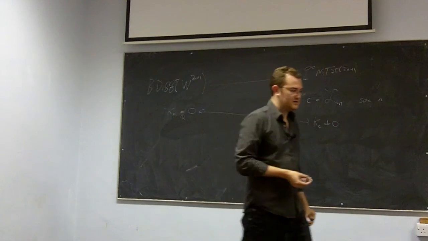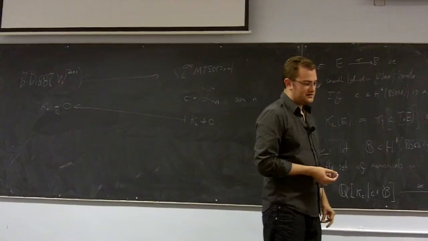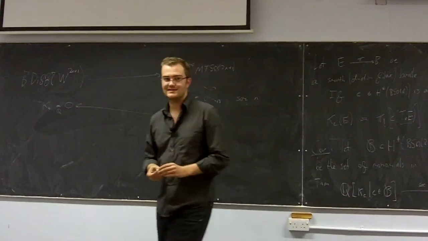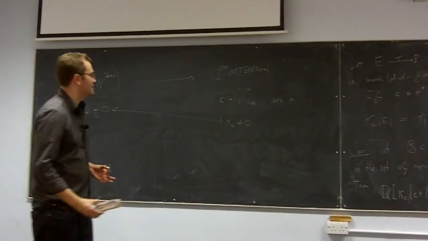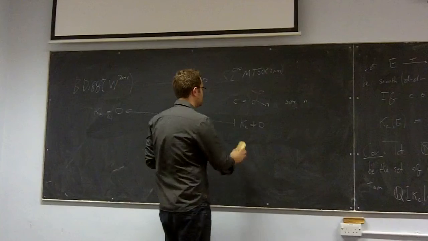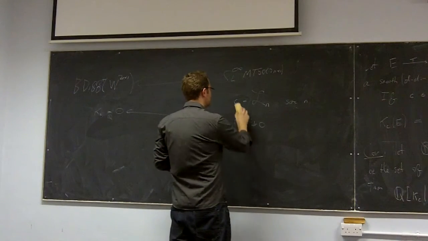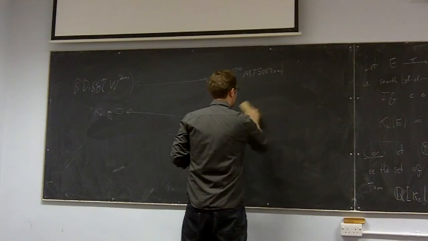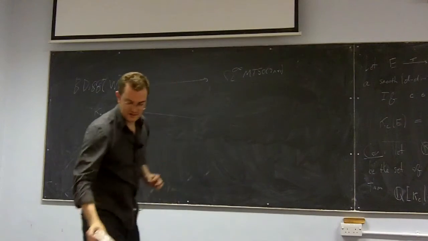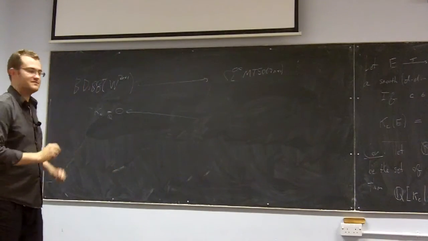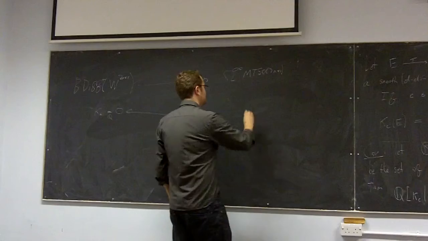So there's sort of a, I don't know if you would call it an obvious guess as to what the correct statement might be, which is not this infinite loop space. It's a slight variant of it. And I appreciate that this is a little technical, but it's not very long.